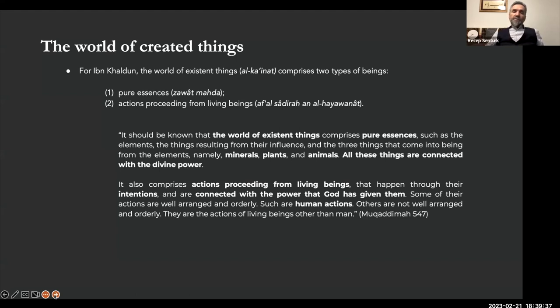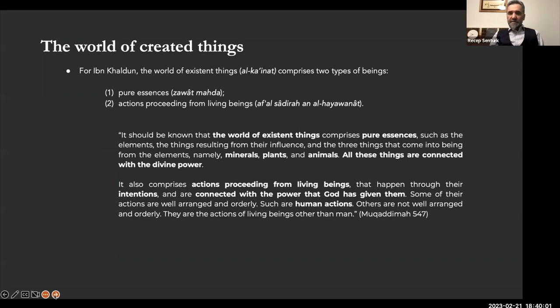So Ibn Khaldun talks about different levels of existence. One of the levels of existence is the world of created things, al-kainat, the world of existing things, which comprises two types of beings.